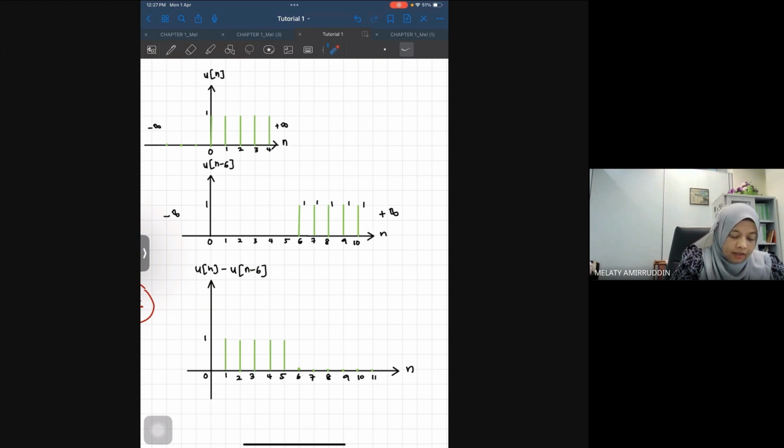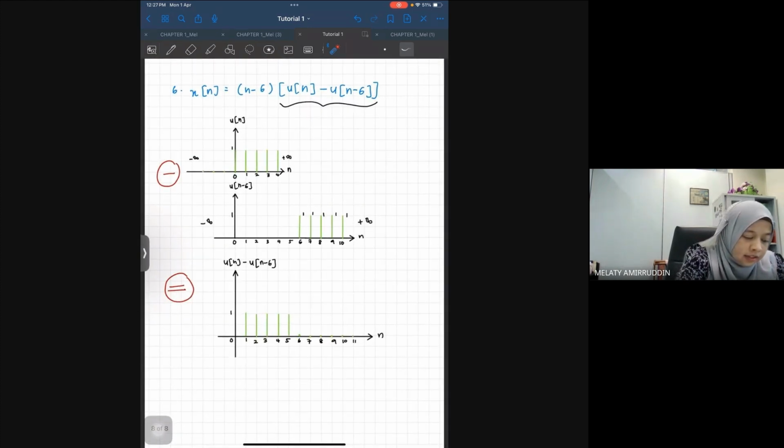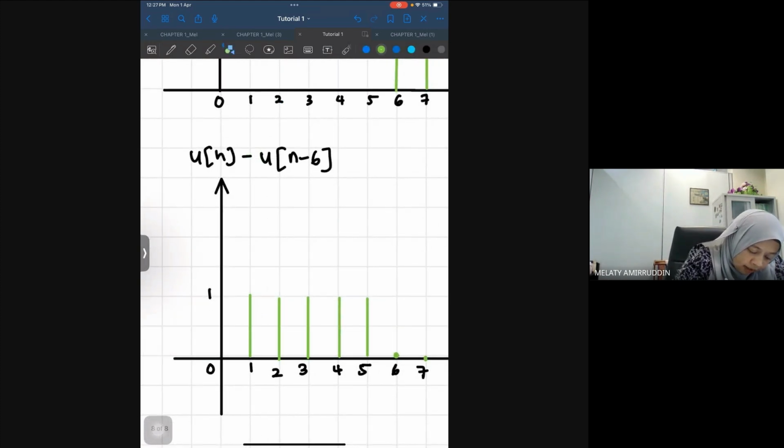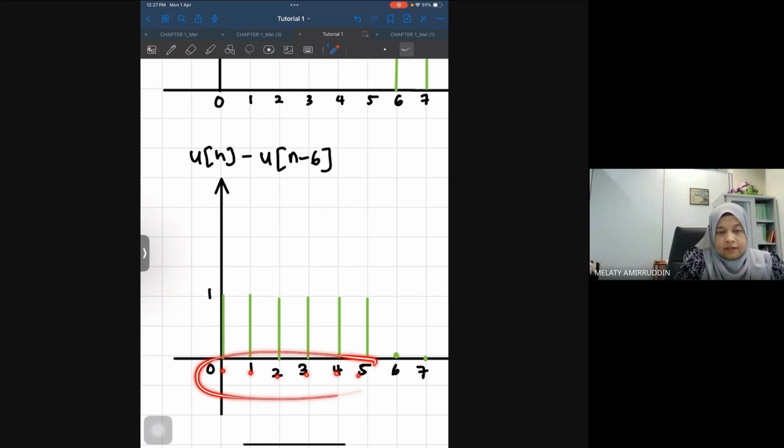And then next, you have n minus 6. n minus 6 meaning that n, what is n? Sorry, I forgot to draw another line here. You have 6 lines: 0, 1, 2, 3, 4, 5. The signal is from 0 to 5.